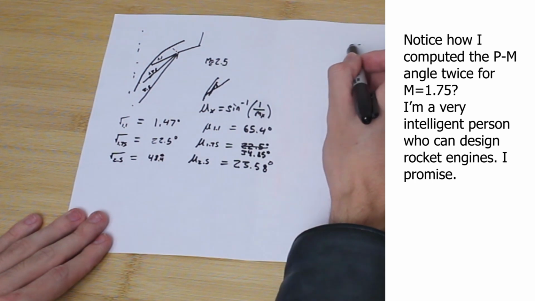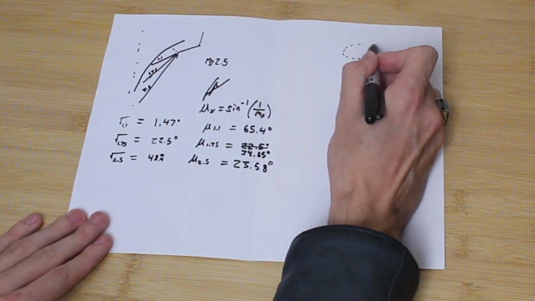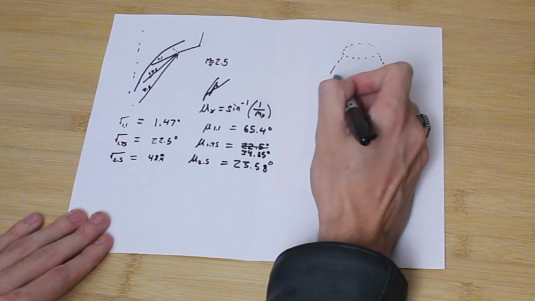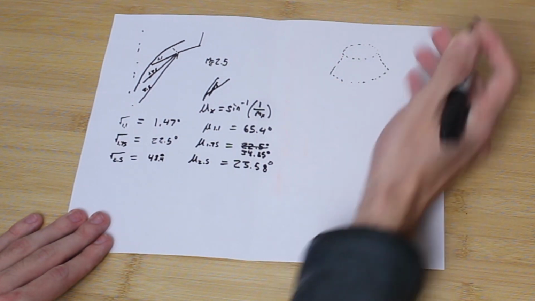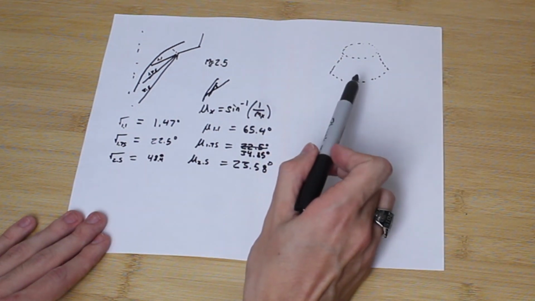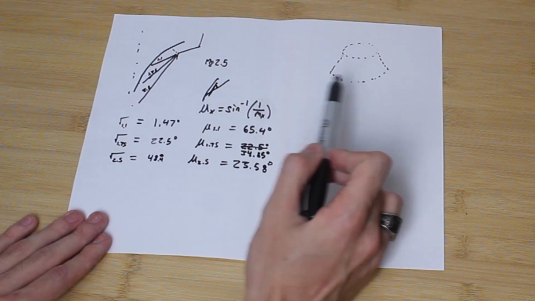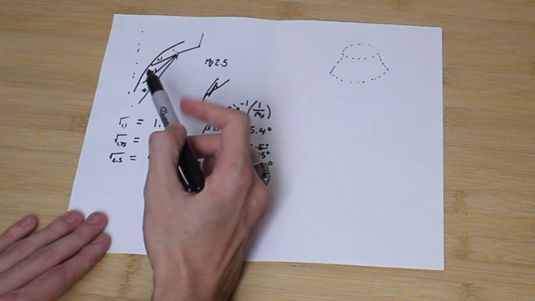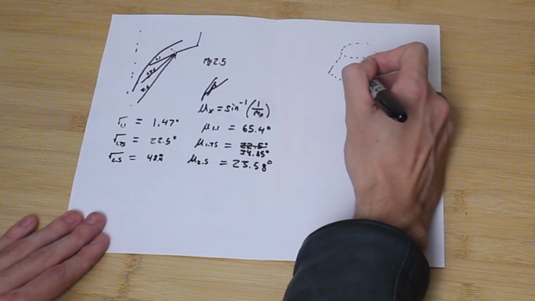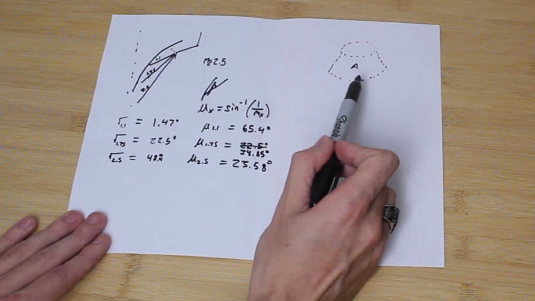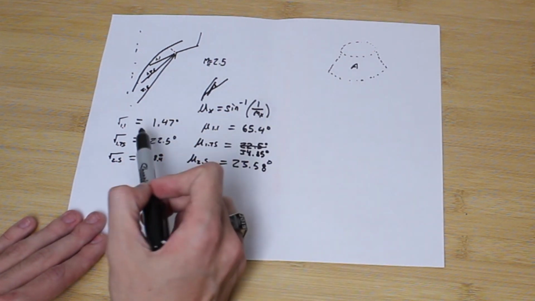The first thing we need to understand is that since we have radial symmetry, essentially what we have is a frustum. That's the name for this kind of truncated cone shape. And we know some things about this frustum, right? This frustum is composed of these Mach lines, where the area of the outside of the frustum corresponds to the expansion area we showed earlier for a given Mach number.